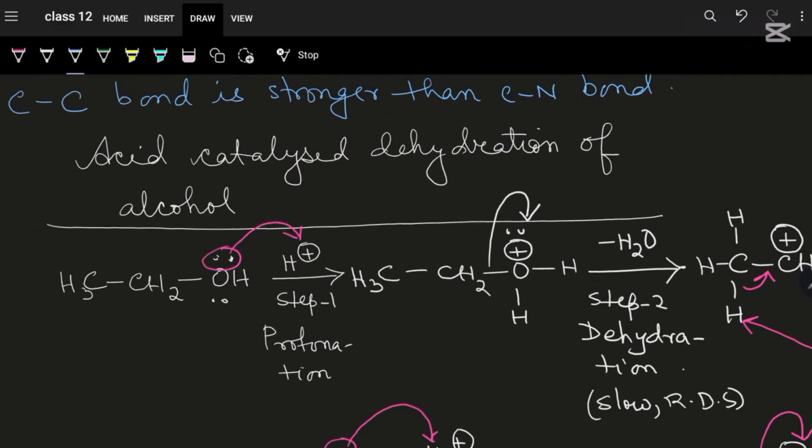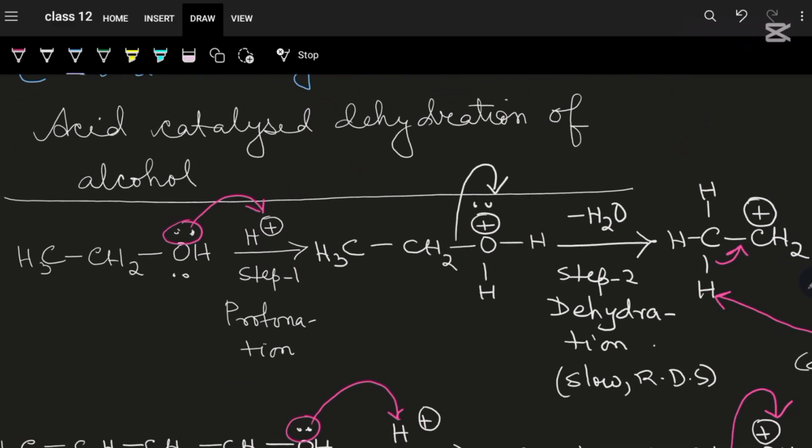Next, acid catalyzed dehydration of alcohol. Alcohol, one example I have given, this is ethanol. So, dehydration means removal of H2O. Acid catalyzed means acid is acting as the catalyst. In presence of H+, the acid which is generating the H+, alcohol gets protonated.